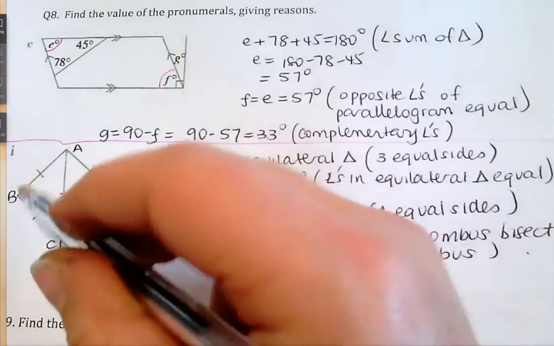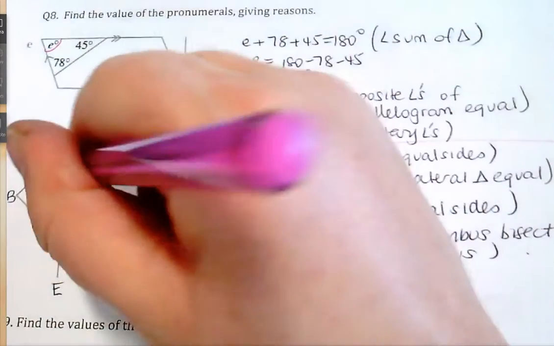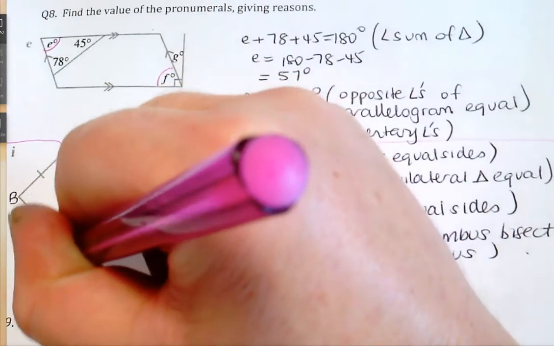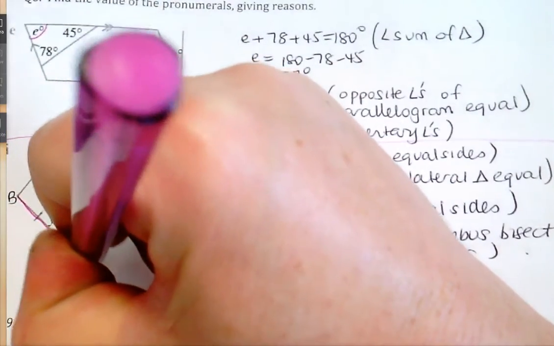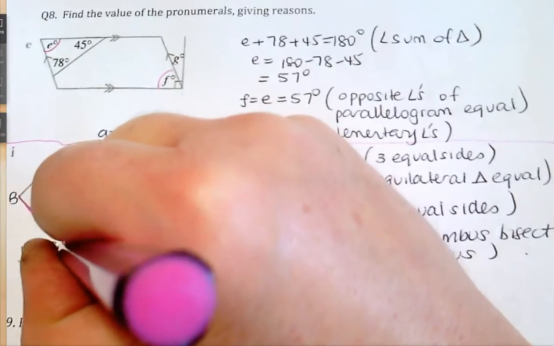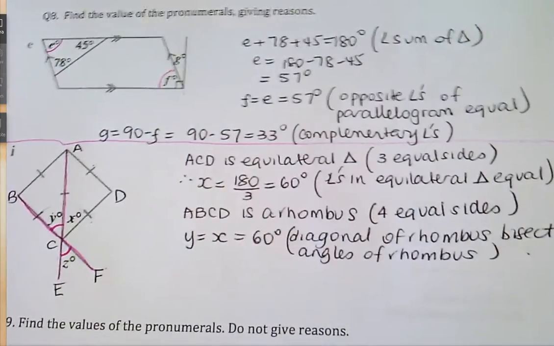Now we need to work out Z. Now I'm going to outline where Z is. So I'm going to put a line down here, because otherwise it's hard to see, and a line here. And you see, when I do that, I can see that this angle is vertically opposite with that angle in pink.